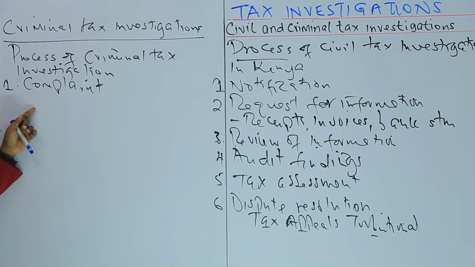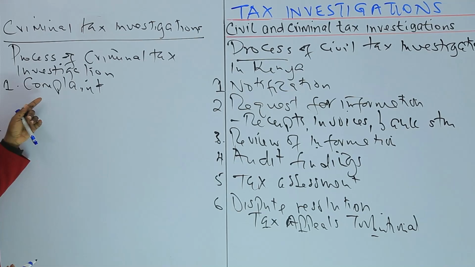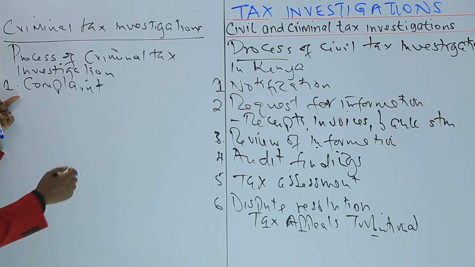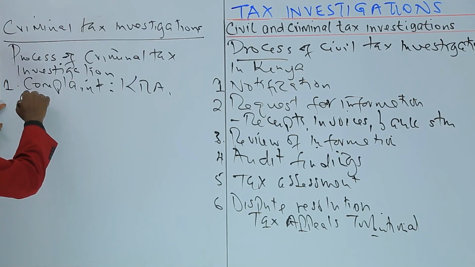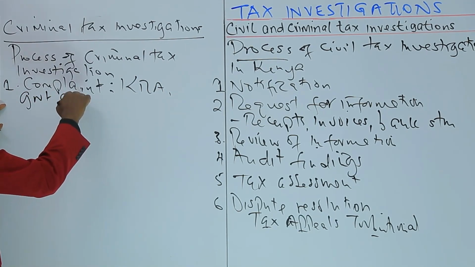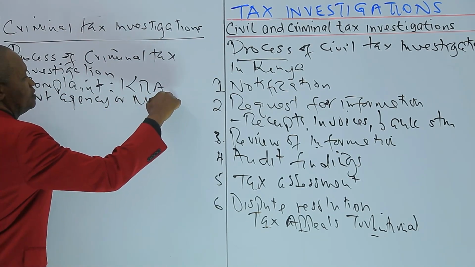And the DCI may initiate a criminal tax investigation based on a complaint either from KRA or from any other government agency, including a member of the public. So the criminal tax investigations begin with a complaint either from KRA or a government agency or a member of the public.